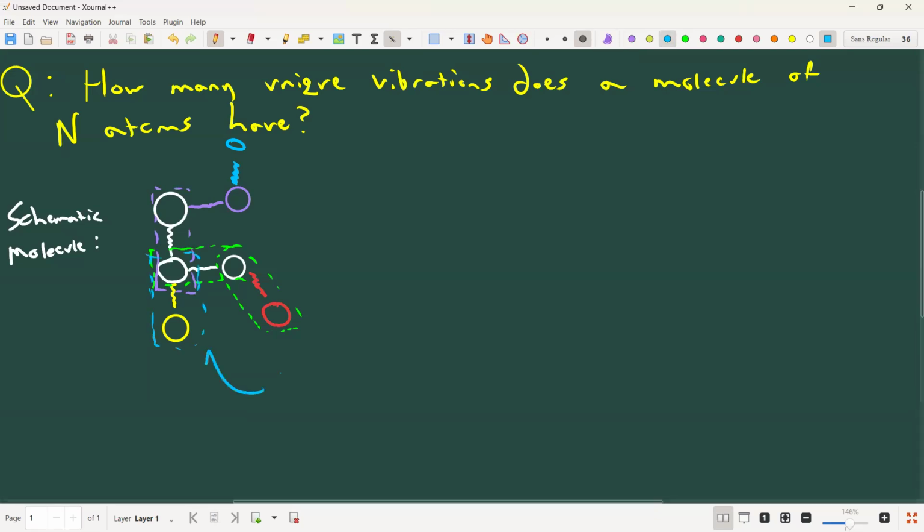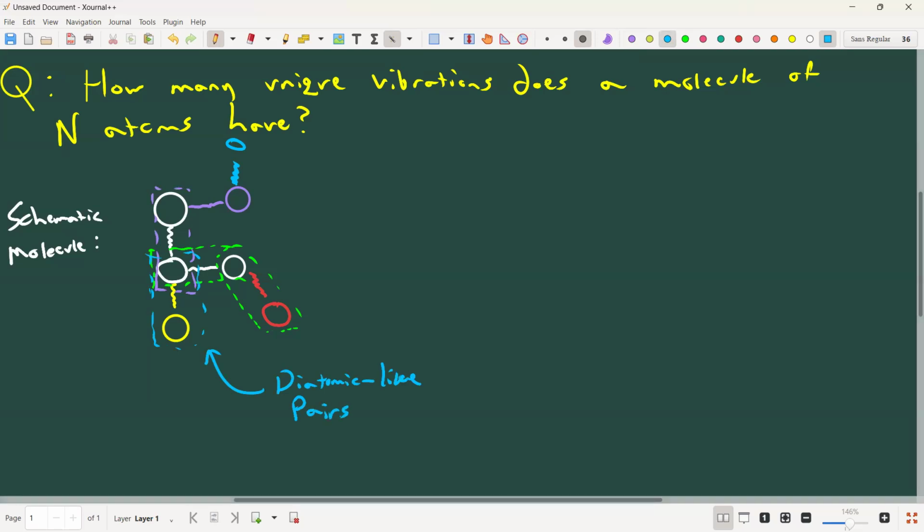These are my diatomic-like pairs. And so you logically think, okay, let's just take this system. We have pairs of atoms that are connected by springs or covalent bonds or whatever they are. Let's just identify each one separately and analyze their vibration.